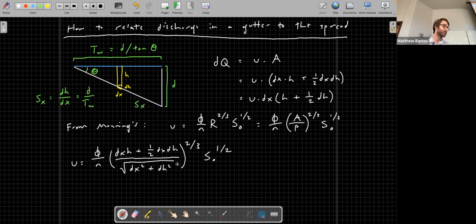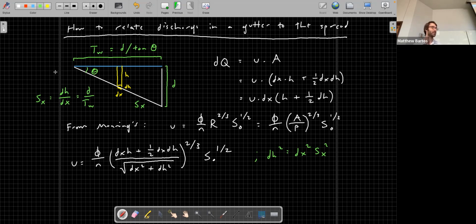Note that because s_x is equal to dh over dx, we also have that this expression here, dh squared, is equal to dx squared times s_x squared. That just comes from this relation here.